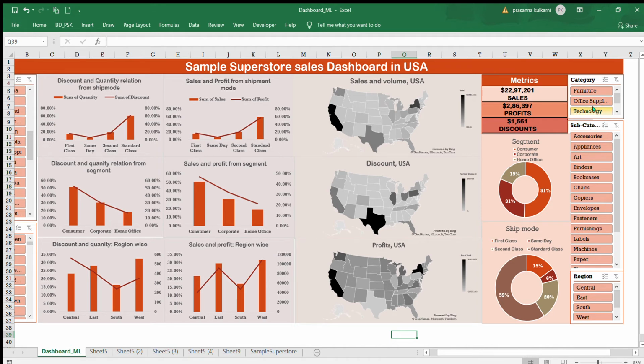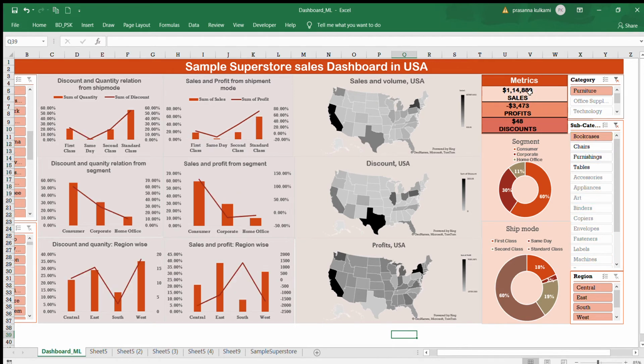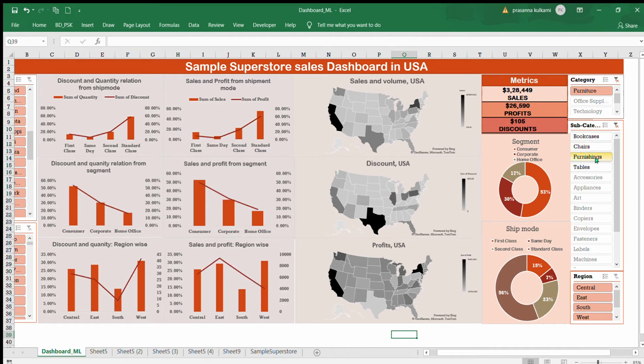When it comes to subcategories of furniture, we can even choose bookcases. What is the revenue made by these bookcase products? What are the profits that have been made? What are the discounts that have been given for these bookcases? Of the furniture subcategories, even chairs, furnishings, and tables.